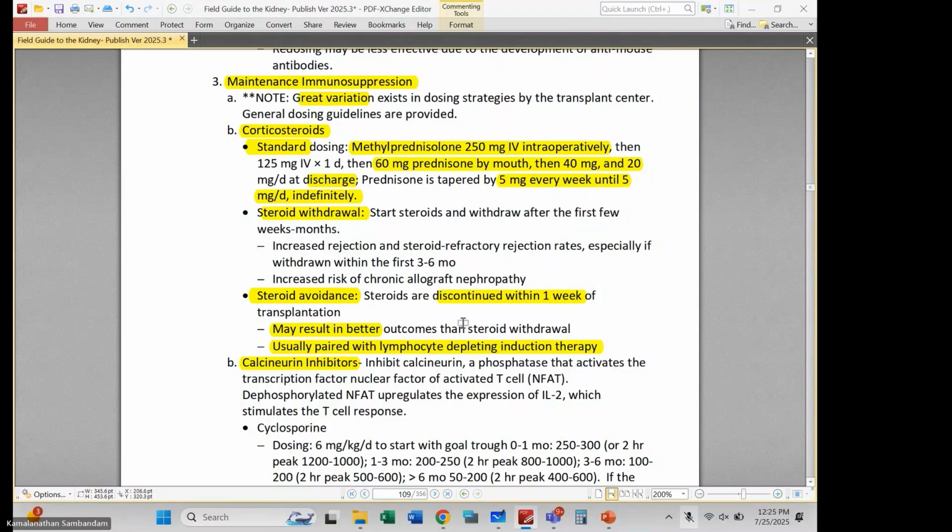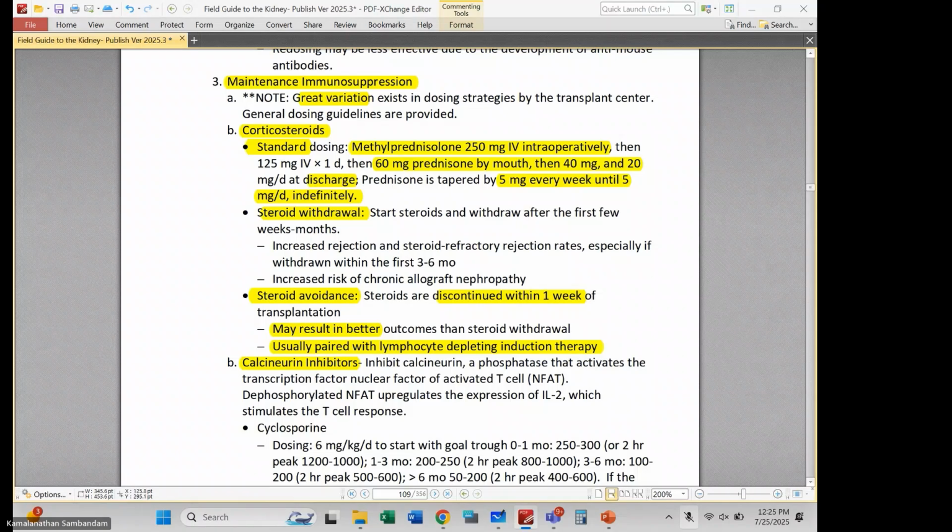This has been looked at in randomized controlled trials, steroid avoidance protocols, and has shown higher rates of rejection, okay, but no differences in intermediate term outcomes, okay?